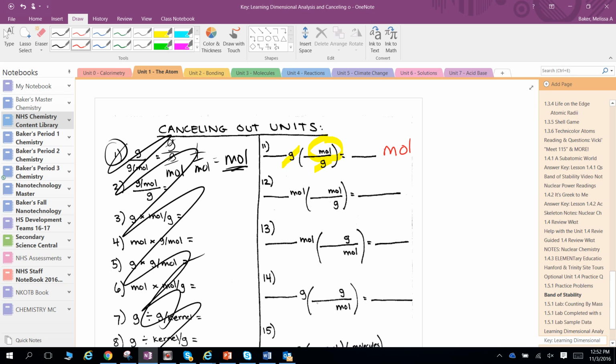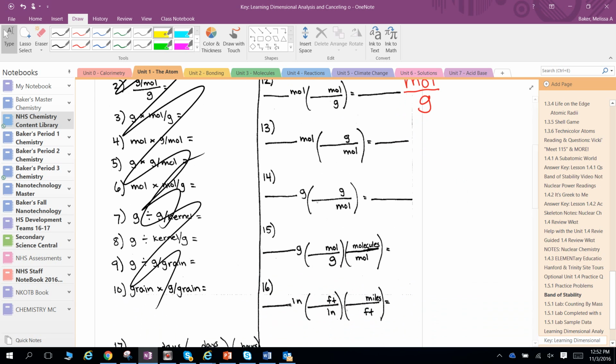So let's look at number 12. You don't get to slash anything out because there's not anything that's on the top and the bottom. So something probably went wrong with this problem because it's moles squared over grams, and those don't seem like very useful units. They aren't. Let's look at number 13.